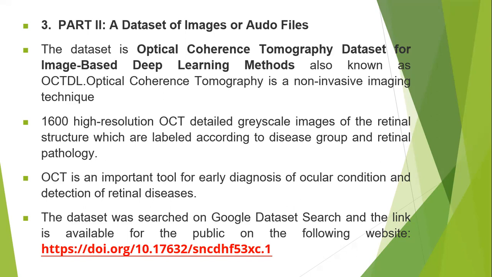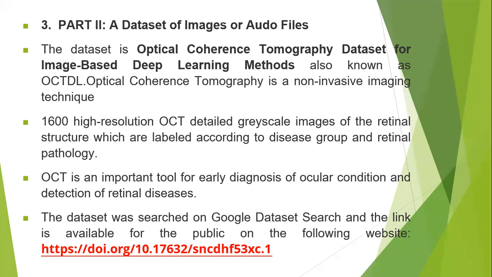In this data set, we have 1,600 high-resolution grayscale images of retinal structure, which are labeled according to disease group and retinal pathology. This OCT is an important tool for early diagnosis of ocular conditions and detection of retinal diseases, and it is a very good data set for image recognition.